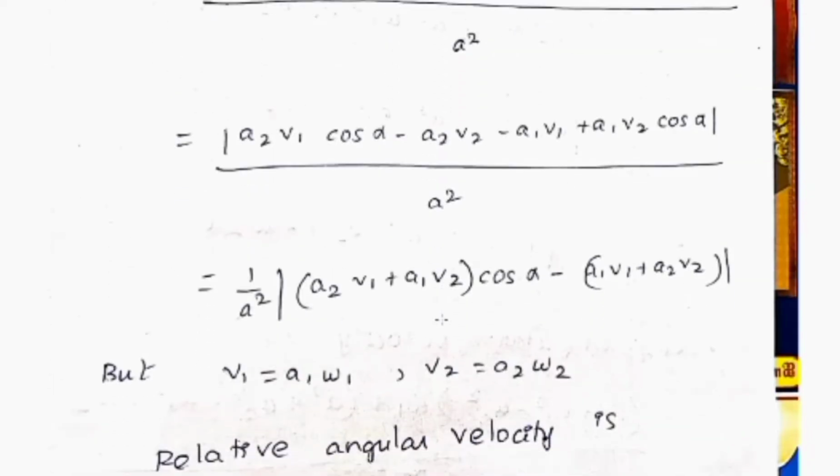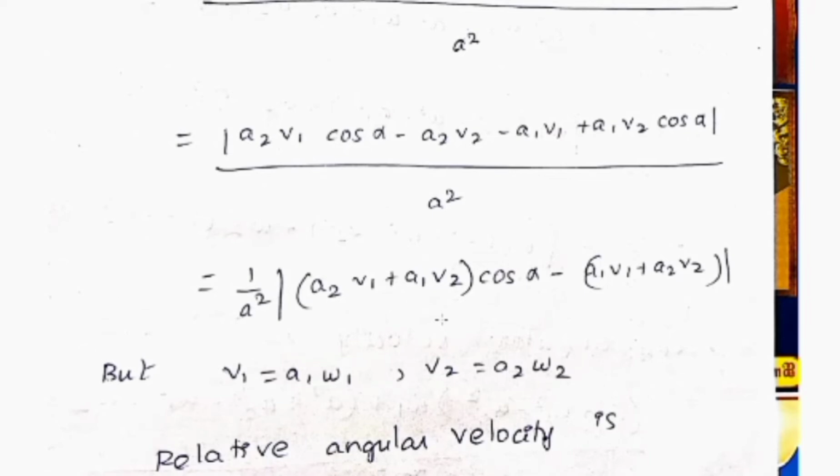Our velocities are v1 equals a1 ω1 and v2 equals a2 ω2, so substitute the v1 and v2 formulas into the above formula.